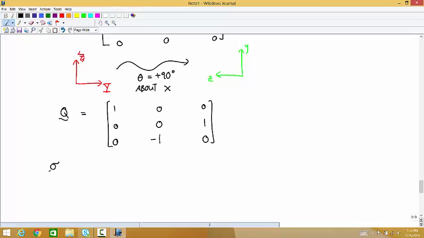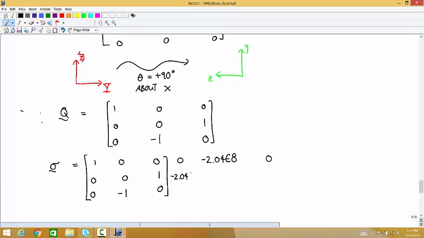And so the final stress tensor, the correct stress tensor, is this Q times the stress tensor in the capital coordinate system, which was 0, negative 2.04 times 10 to the 8th, 0, negative 2.04 times 10 to the 8th, zeros.